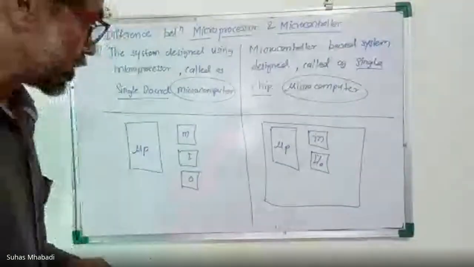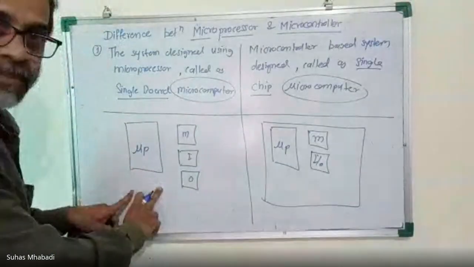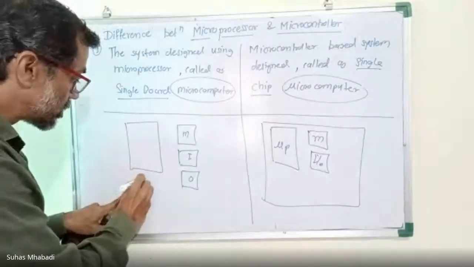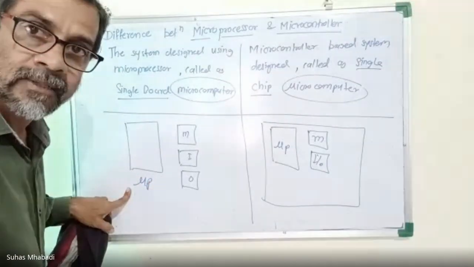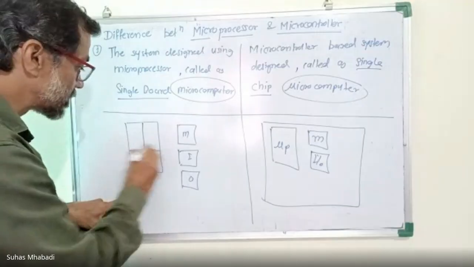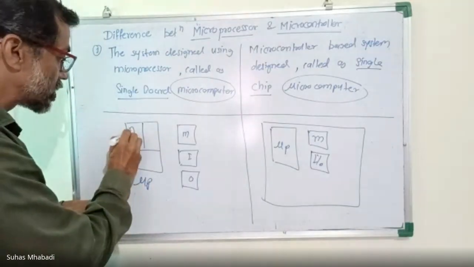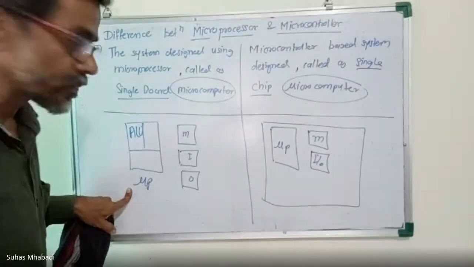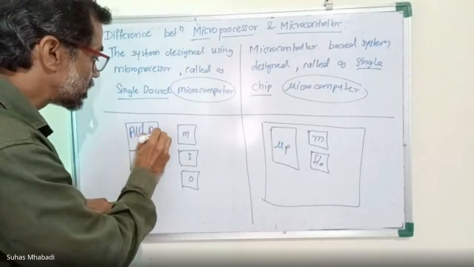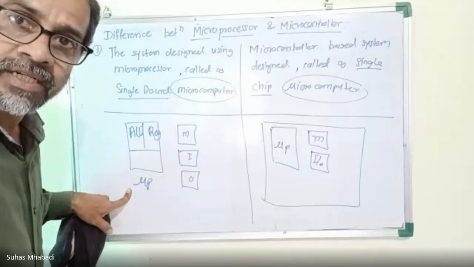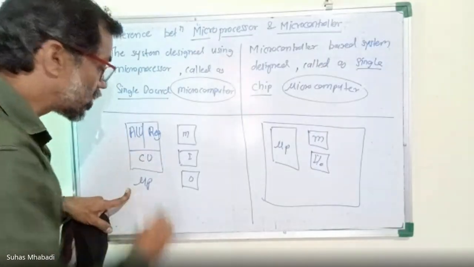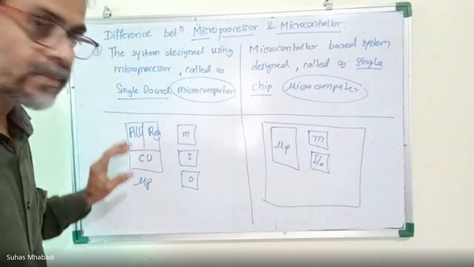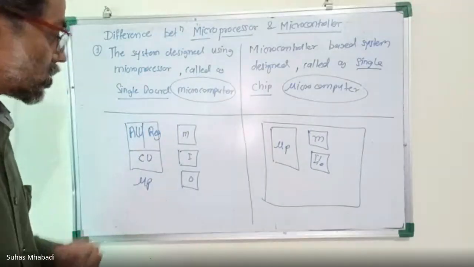Moving to the next point. In this microprocessor based system, if I see the IC, this IC is known as the microprocessor IC, and it has three compartments. One of them is called ALU, arithmetic and logical unit. The second compartment is called the number of registers, and the third compartment is called the control unit. We have discussed enough on every compartment or section of the IC.